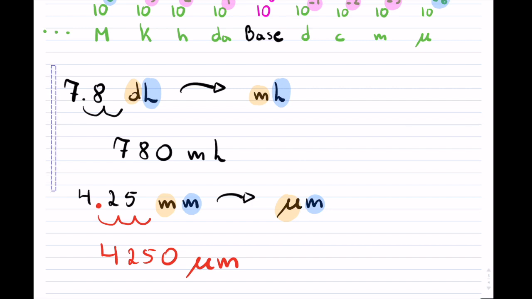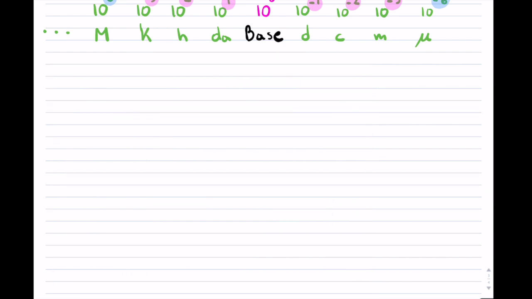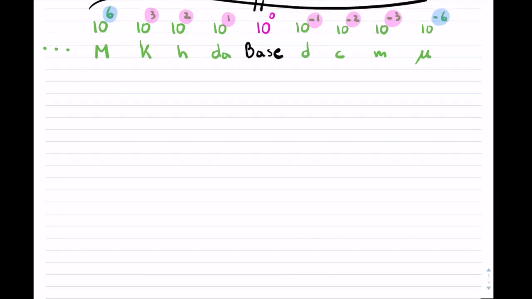So let's take a look briefly at a couple of examples where that may happen, and let's see how that chart will impact us. So here is an example, for instance, that is 1800 millimeters squared, and we want to jump to centimeters squared.